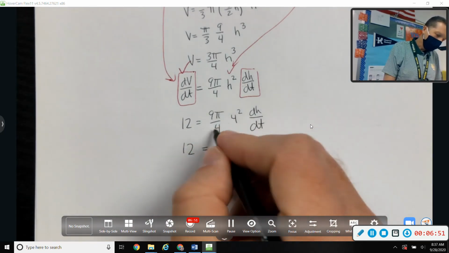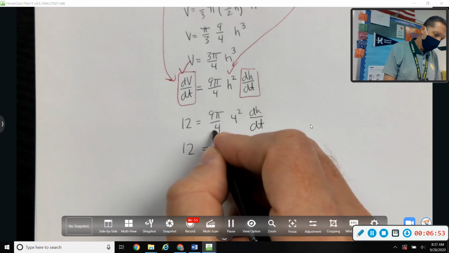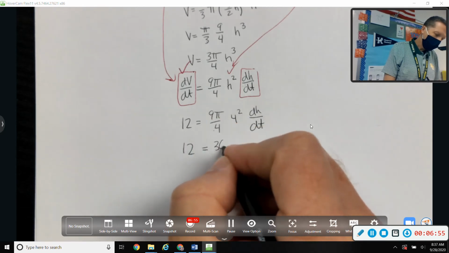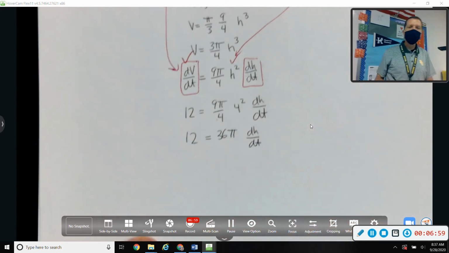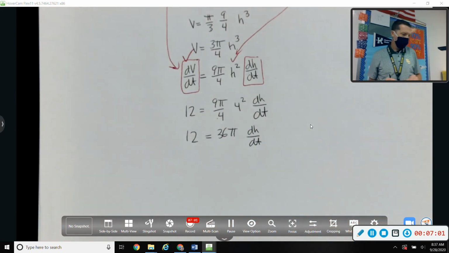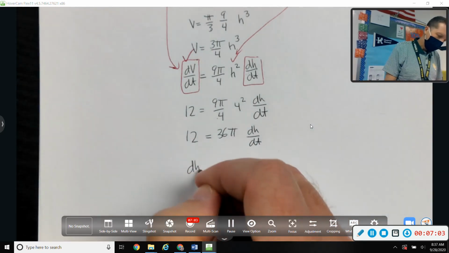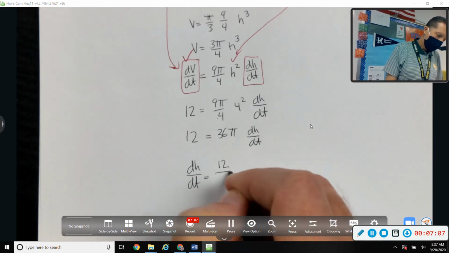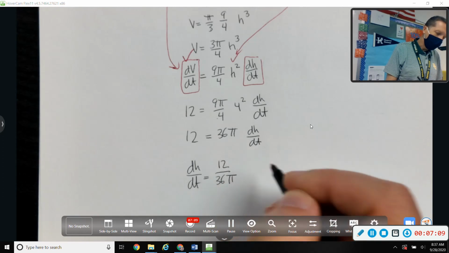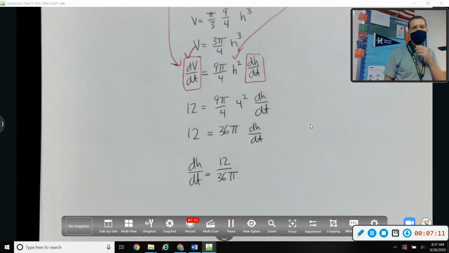So 4 squared over 4 is 4. Times 9 is 36. So 36 pi dh/dt. Which means dh/dt is, here, I'll be lazy here. I'll just leave it as 12 over 36 pi.